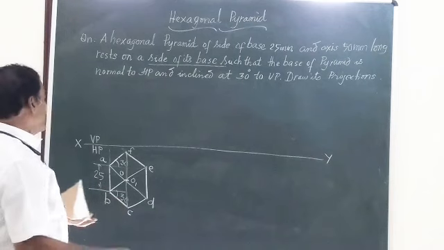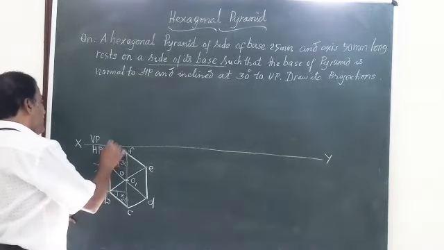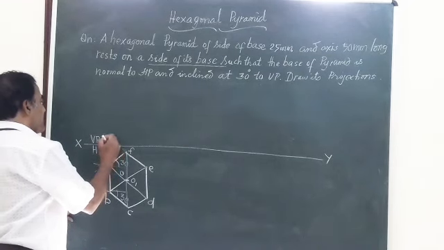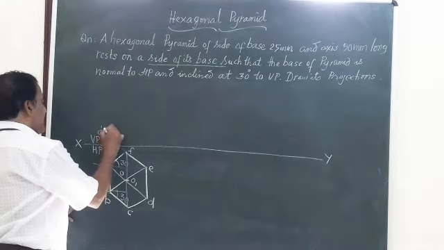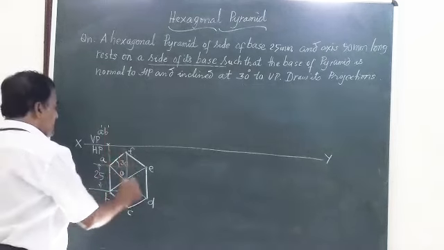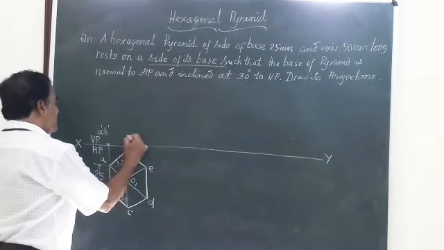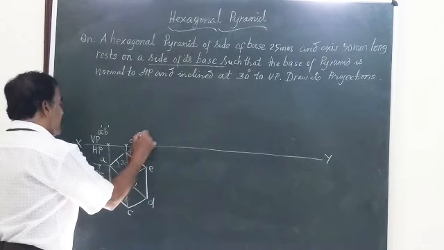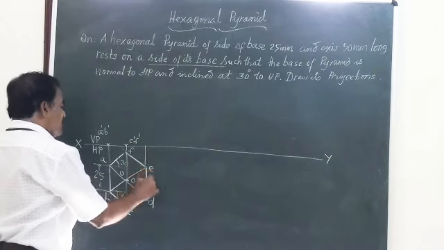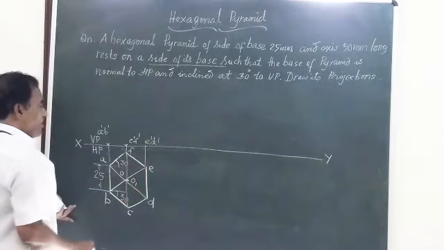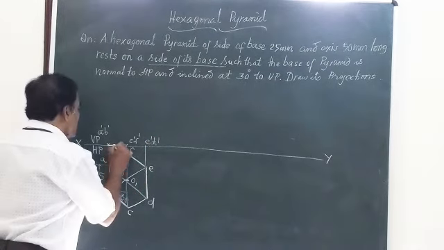Now I should get a front view. To get the front view, I project this end. A and B touch the XY line here. I mark it as A dash B dash. Then on this line lie C dash F dash, and the last line is E dash D dash. Now this is the base of the solid.